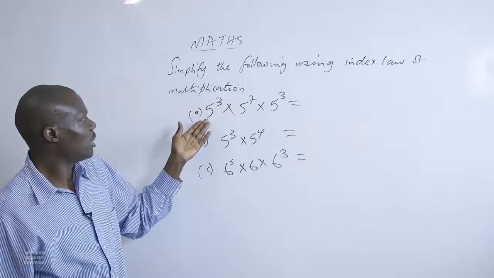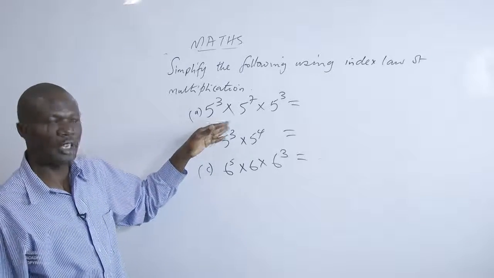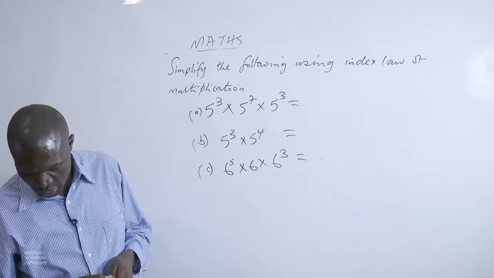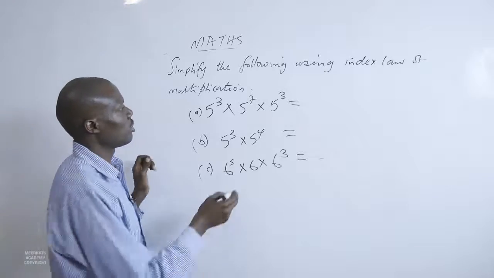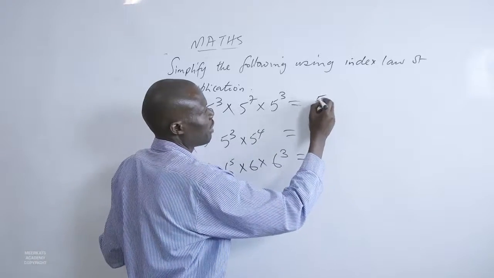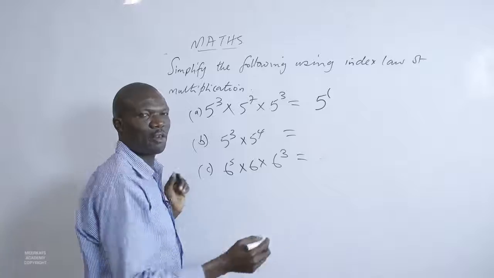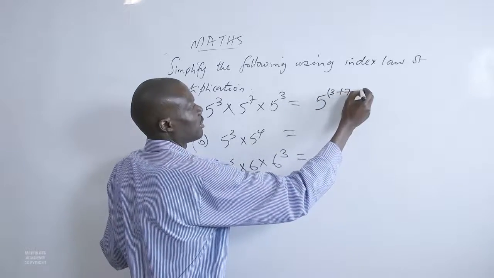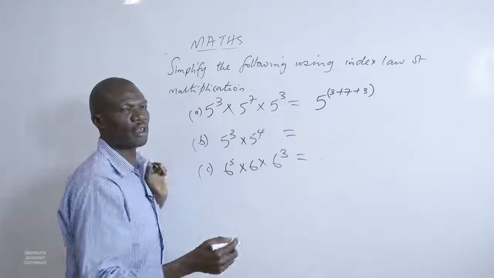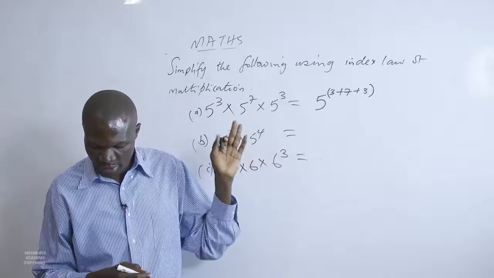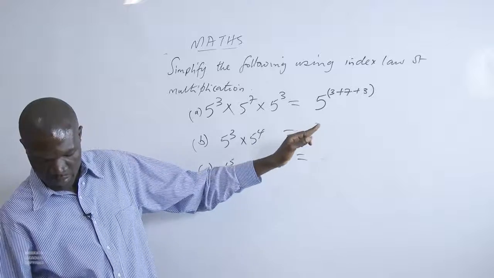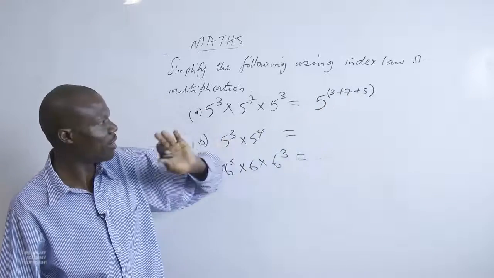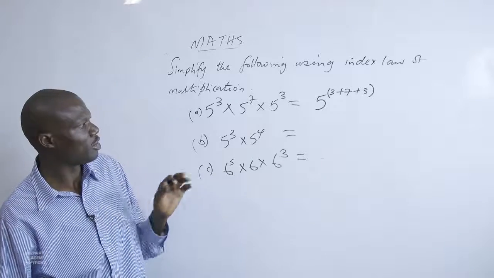The first one is 5 power 3 times 5 power 7 times 5 power 2. This will be the same as 5, and up here we have the powers, which will be 3 plus 7 plus 2.